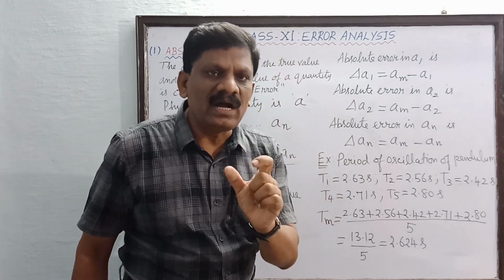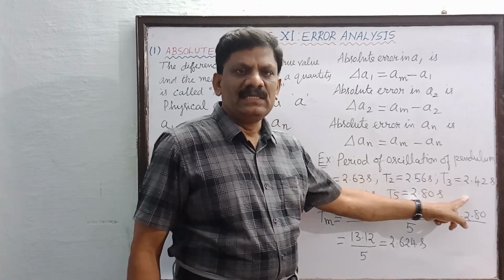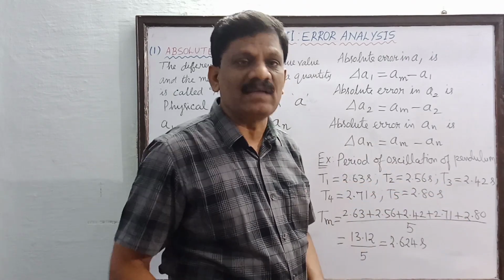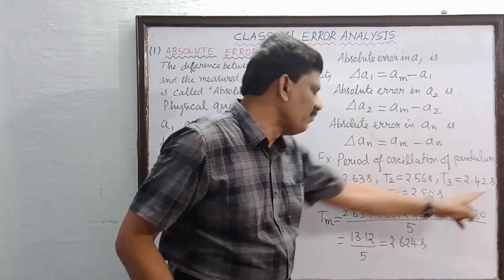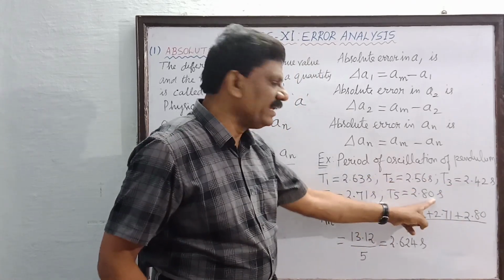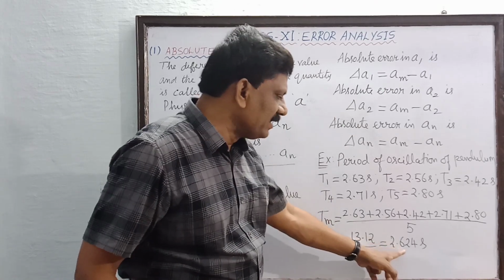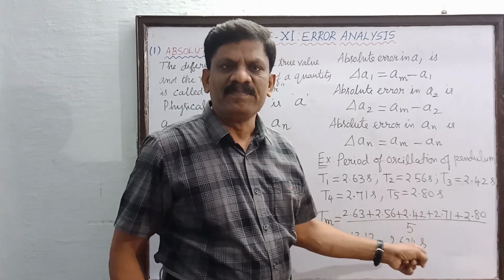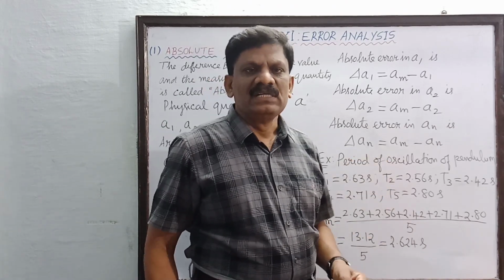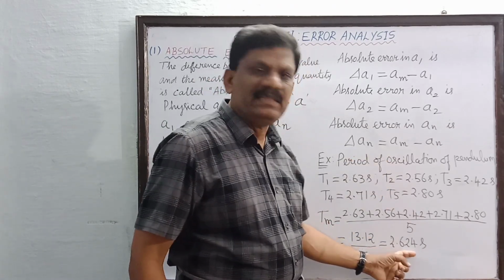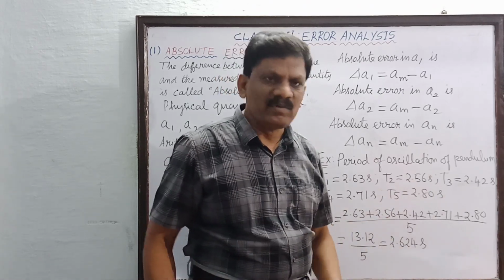Now you have to observe that each given value of the period has how many digits after the decimal? 2 digits: 0.63, 0.56, 0.42, 0.71, 0.80. But here after the decimal, 624, 3 digits are there. We have to round it off as per the given information. I have to allow only 2 digits, so I am going to round off.